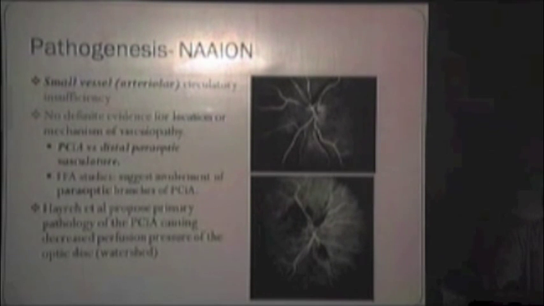Despite studies which have looked at the histopathology of patients with ischemic optic neuropathy, nobody has been able to exactly pinpoint either the location or the mechanism of ischemia in these cases. Fortunately for us, the eye is easily accessible, and most of the studies have been performed using different types of angiographic techniques such as fluorescein angiogram or the indocyanine green angiogram.